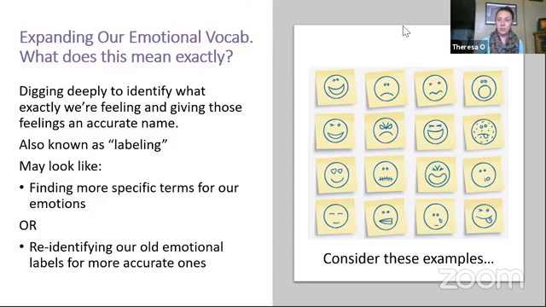But labeling can also just be the process of re-identifying your old emotional labels. So if you're reflecting on a situation or an experience, and you used to label it as angry, you go back and do some reassessment, and you're labeling it now as frustrated or concerned or confused. Those are ways that you can reassess what those things are.